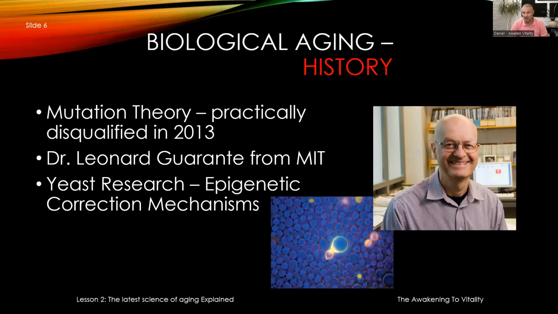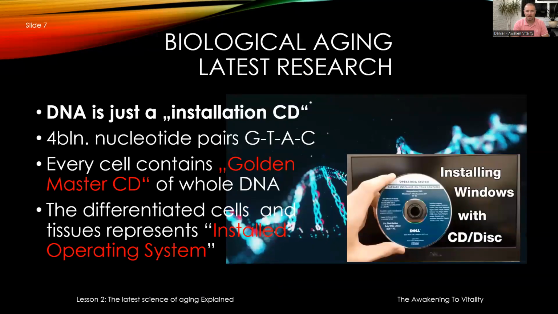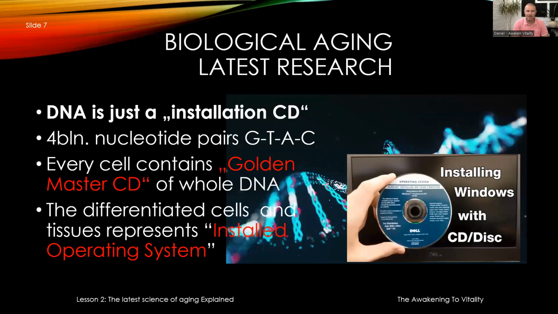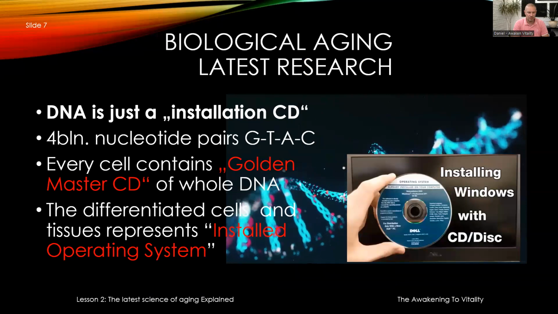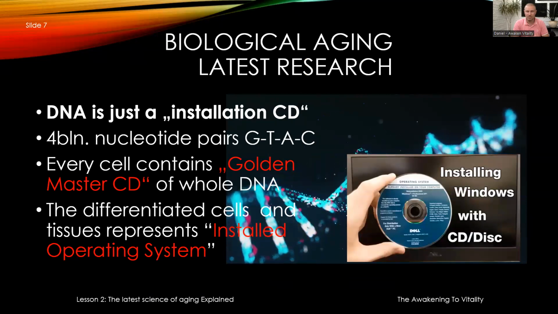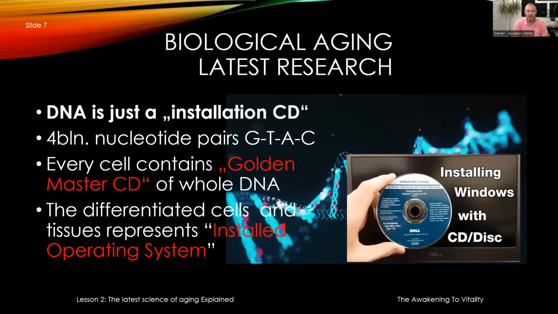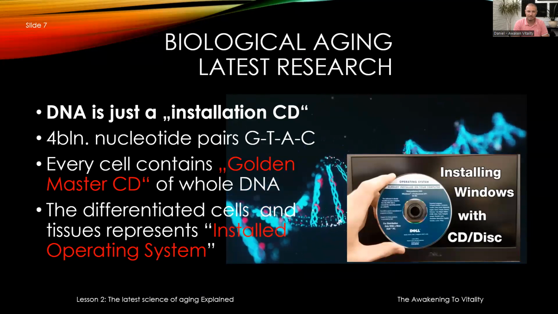And he found there are unbelievable correction mechanisms in every living cell on this planet. So he understood that every cell, from plants to yeast, also in the human body, has such big abilities to correct your DNA that it's comparable to autocorrection several thousand times in every cell every day.